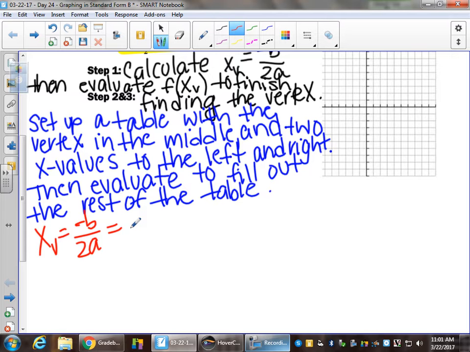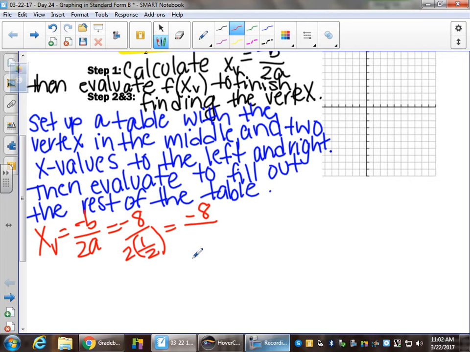What am I going to write for x equals negative b over 2a? What would I write on my numerator? Negative 8, good. And what did you put for the denominator? It would be 2 times what? 1/2.